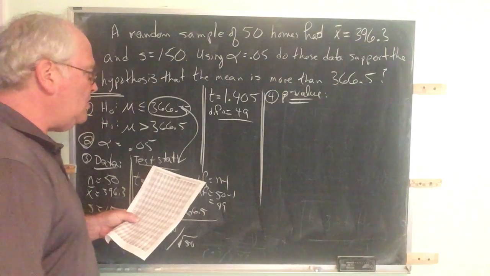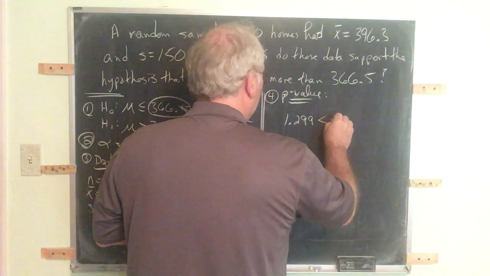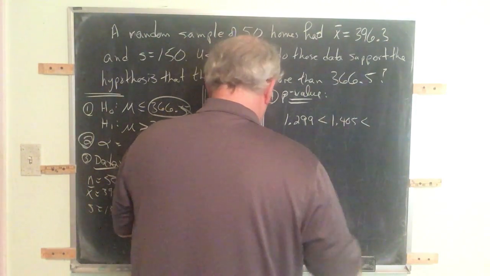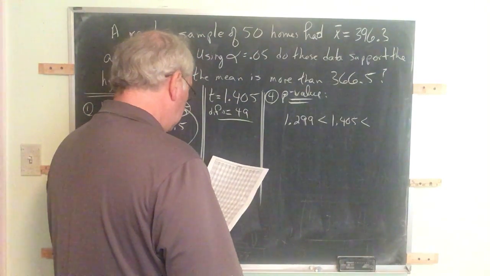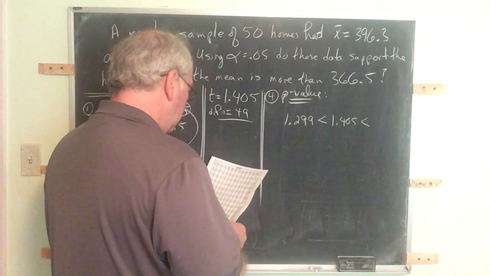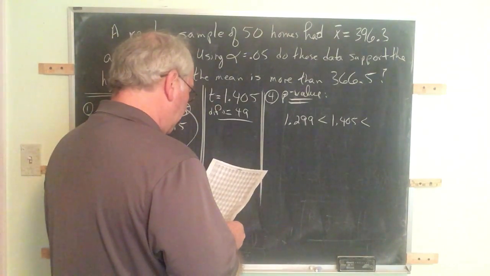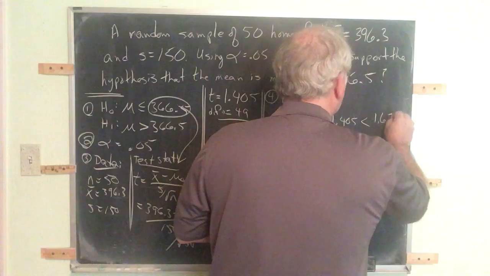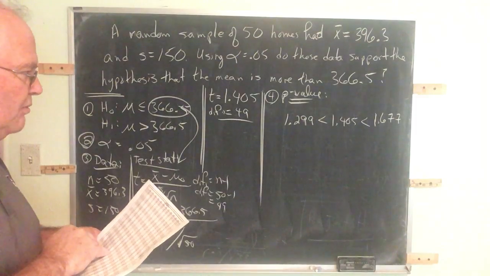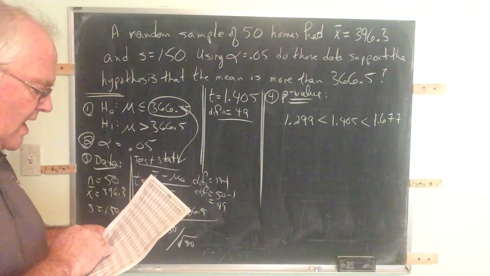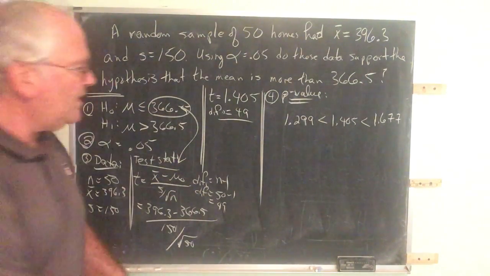I have 1.299, which is less than 1.405, which is less than 1.677. All right, we'll double check that. I'm in the 49 degrees of freedom row, 1.299, 1.405, 1.677. Yes, I have found the two numbers between which that falls.